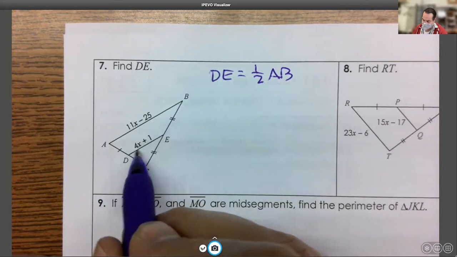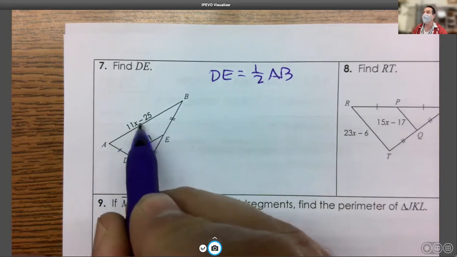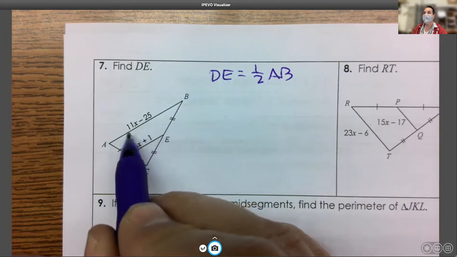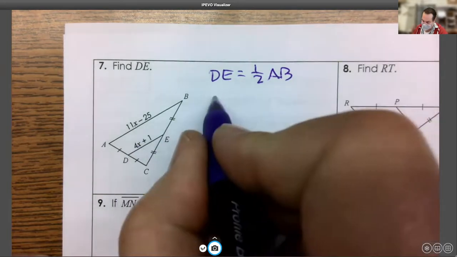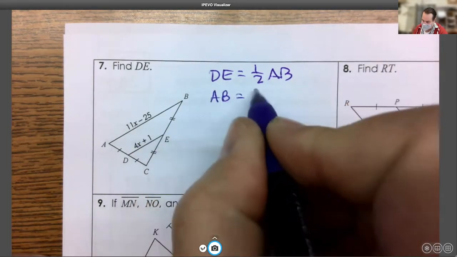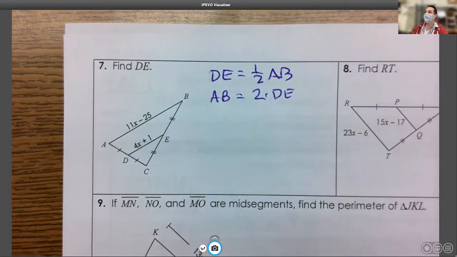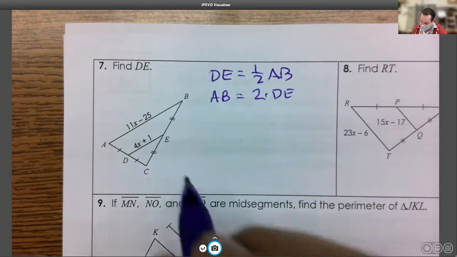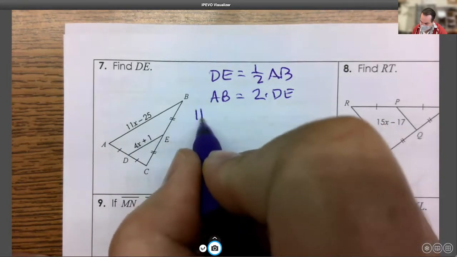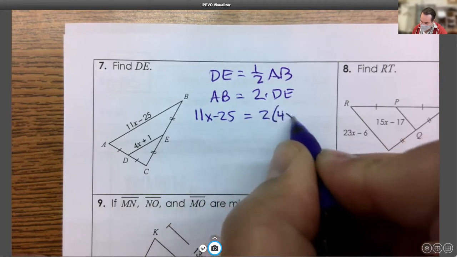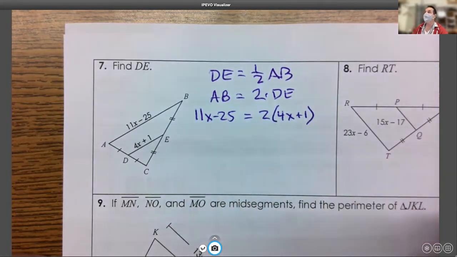If we substitute now, we get 4x plus 1 equals 1/2 of 11x minus 25. When we take half of 11x, we're going to get 5.5x. That seems more complicated than we need. So what if we rewrote it the other way? Said AB is twice DE. Says the same thing, but now my algebra is going to be easier. 11x minus 25 equals 2 times 4x plus 1.